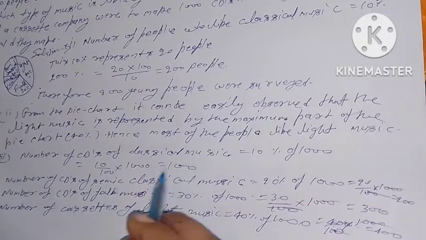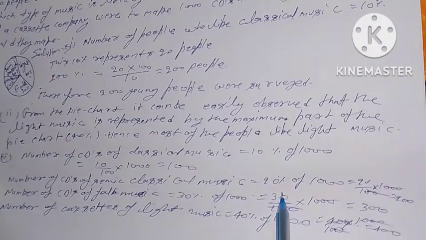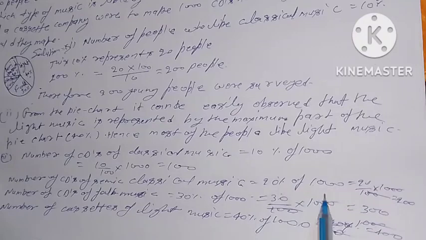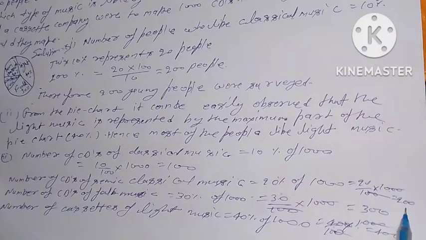The number of CDs of semi-classical music is 20%. The total is 1000, then 20% of 1000 is 20 upon 100 multiply 1000, that is 200.